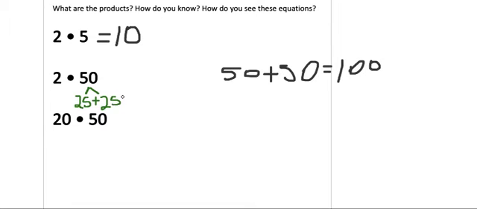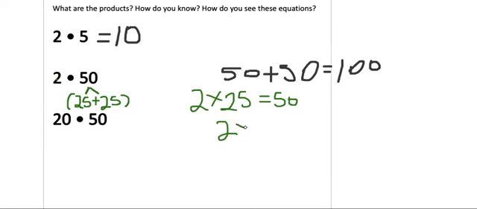That's one way to look at it. Then you would do 2 times 25, which is 50, because you did 2 times this first 25. Now you're going to do 2 times this second 25. 2 times 25 again. And that's 50.